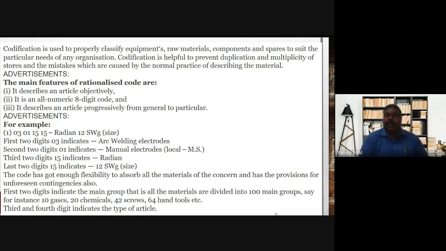Codification is helpful to prevent multiplicity of the stores, which is caused by the normal practice of describing the materials.